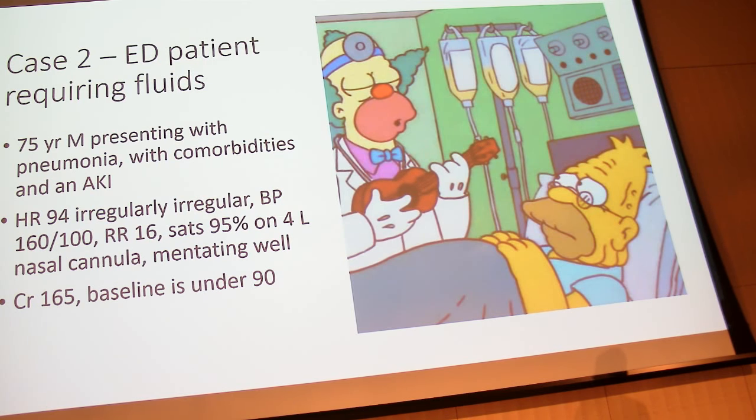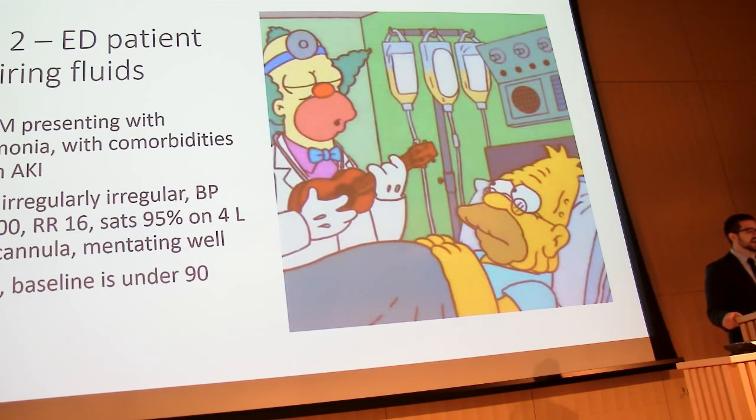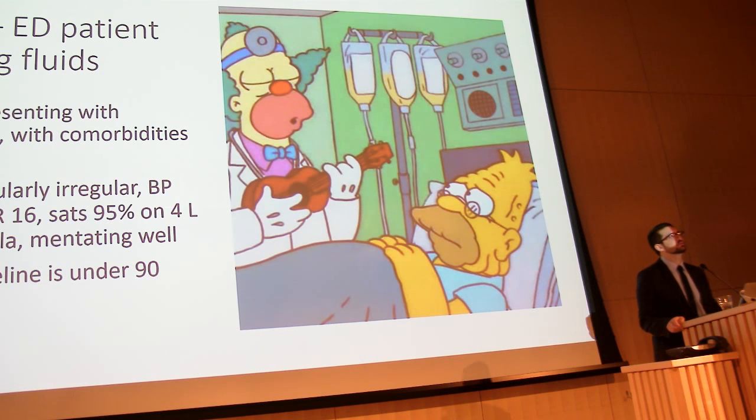So I think we would all agree this is a patient that should be admitted to the hospital, probably under medicine, unless they have a regular respirologist. So how about here? Mason, if you were going to treat the AKI with fluids, what would you give? Does it matter?